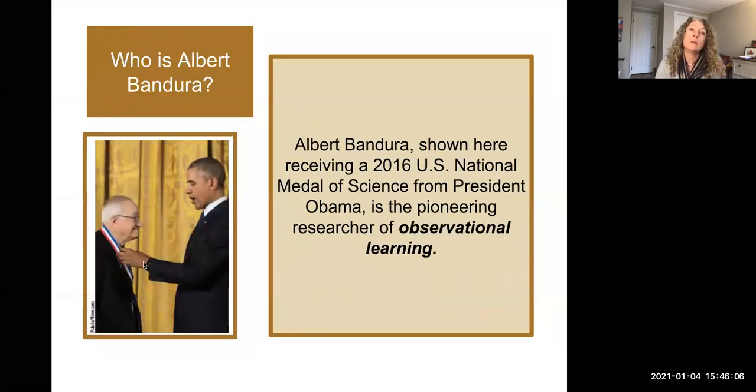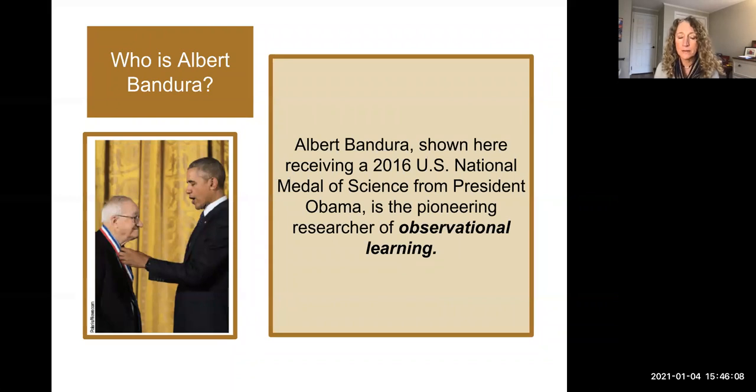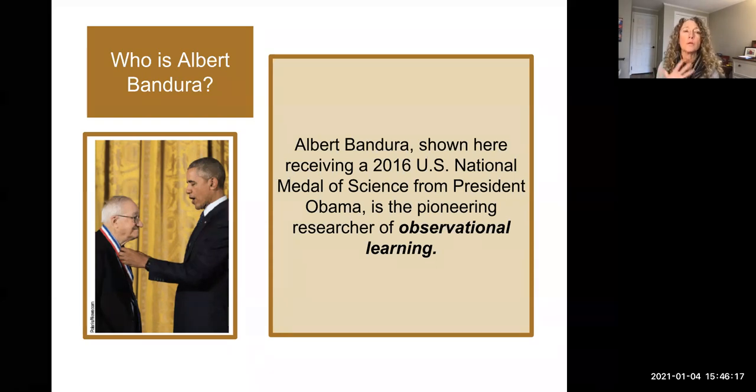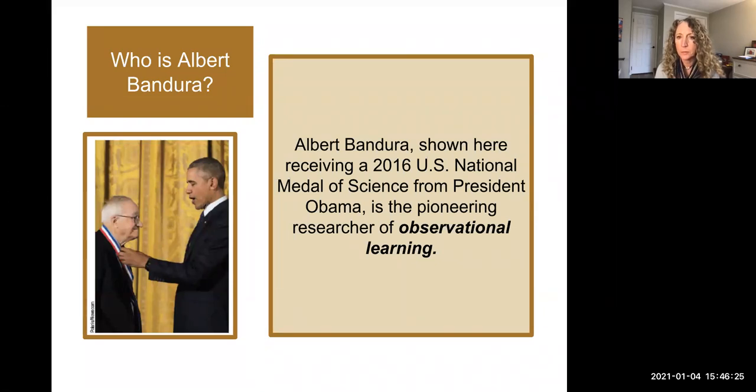The key researcher and significant psychologist who has done most of the research with this, and from whom we learned some of the early discoveries about modeling, is Albert Bandura. Here you actually see him winning the National Medal of Science from President Obama. You are going to see the video of his experiment, some actual footage.